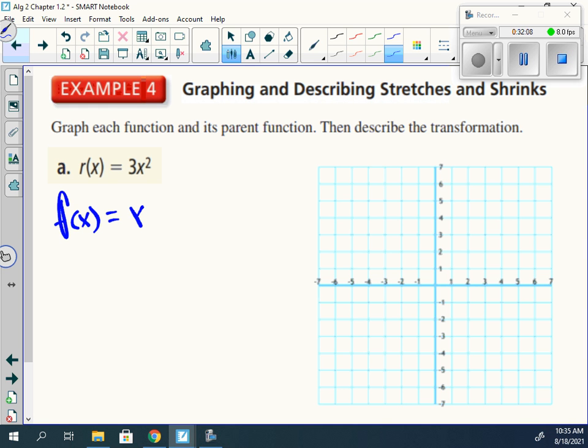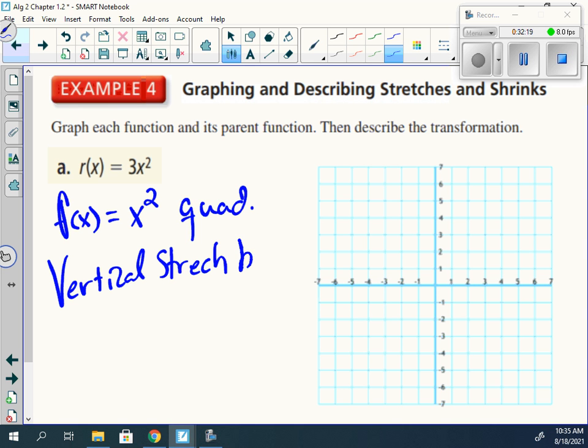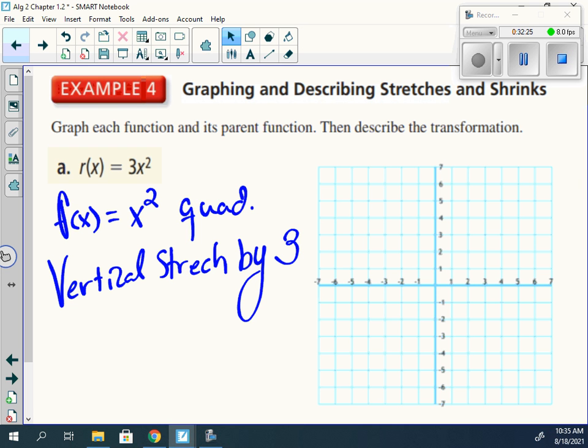It is a quadratic. By a factor of 3. Any questions on any of this here so far?